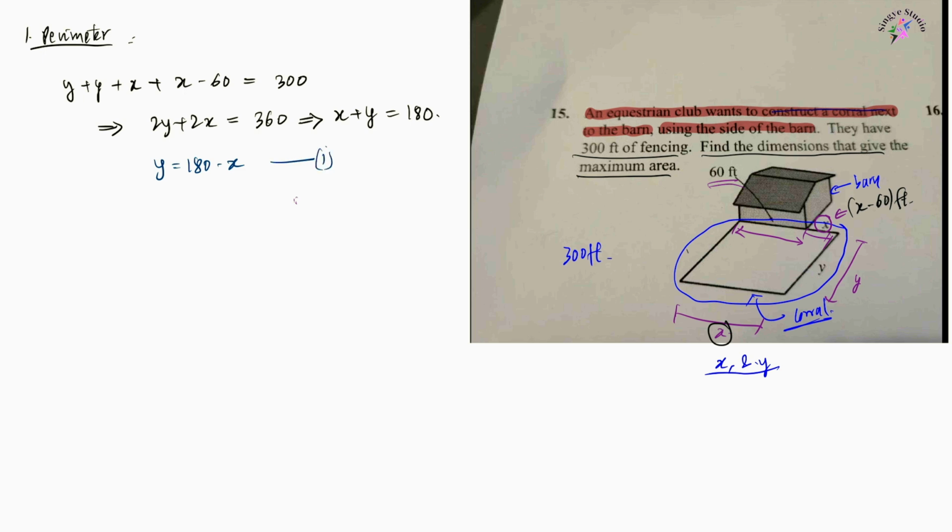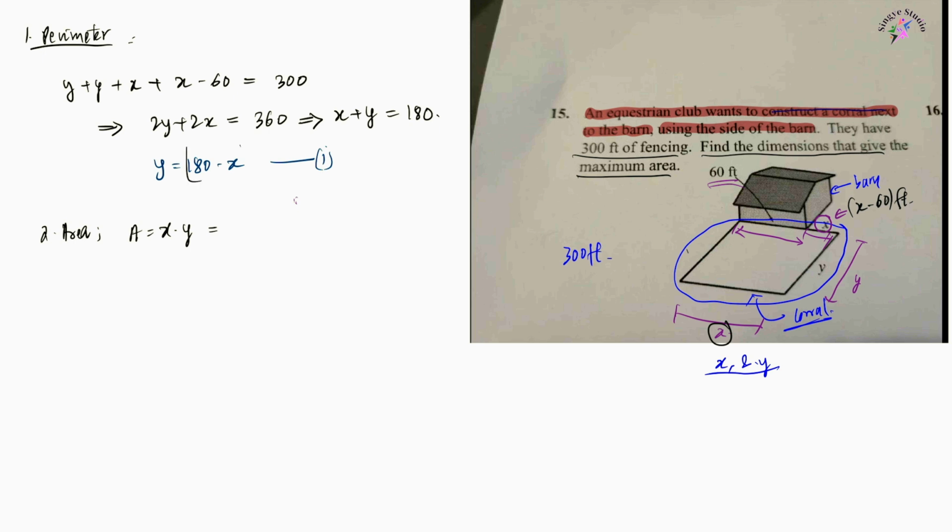Now what we have to do is maximize the area such that when we get the critical points of the function, like x equals a and x equals b, we check whether each critical point is a local maxima or minima by finding the second derivative of the function, and we have to prove that the area is maximum. Now, area is x times y.